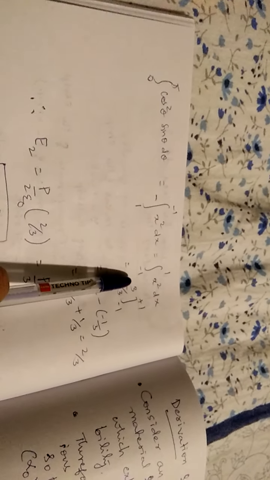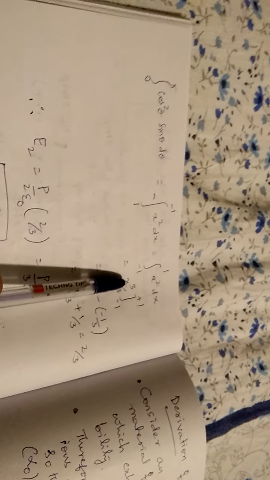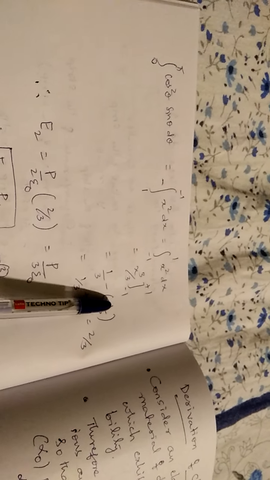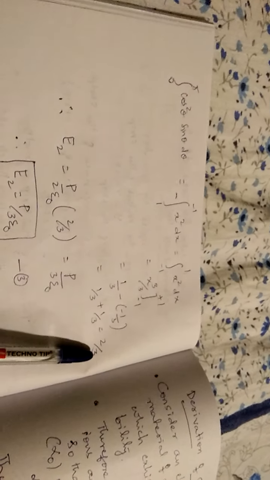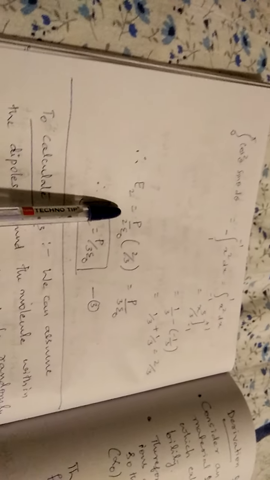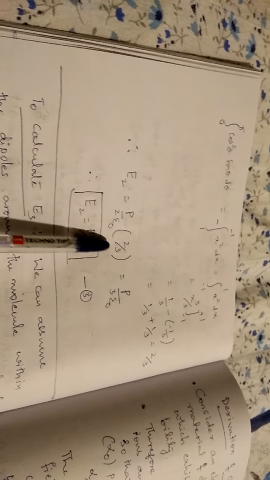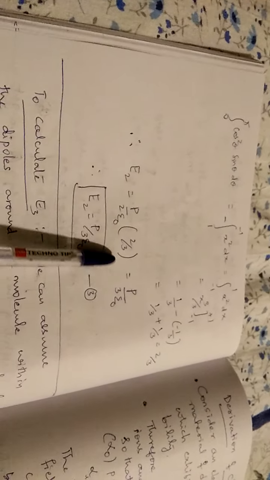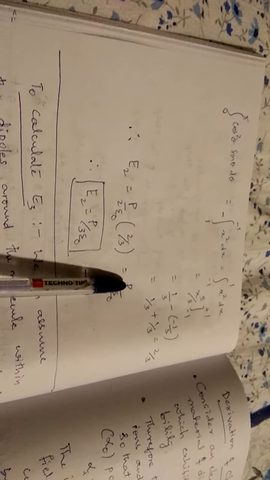If you substitute minus 1 here, minus 1 cubed is minus 1 again, so minus 1 by 3. So this will become 1 by 3 plus 1 by 3, that is 2 by 3. So E2 is equal to P by 2ε₀. Substituting the integration value in the E2 expression, we get P by 3ε₀. So E2 we got P by 3ε₀.